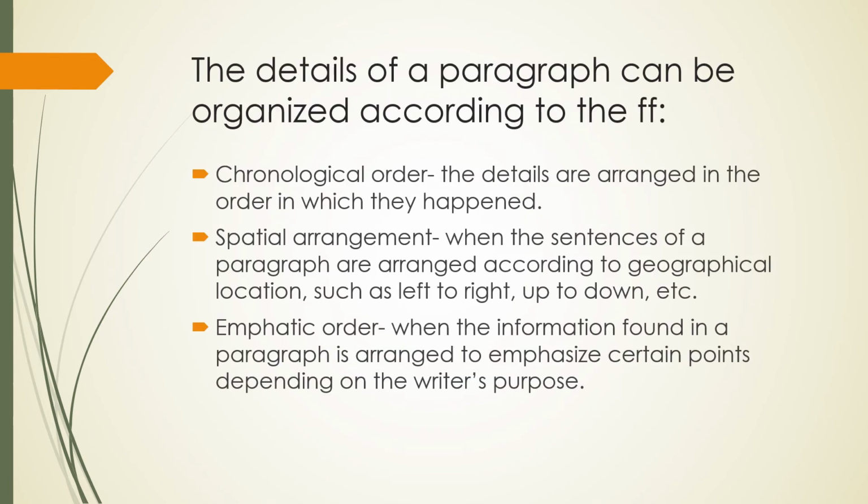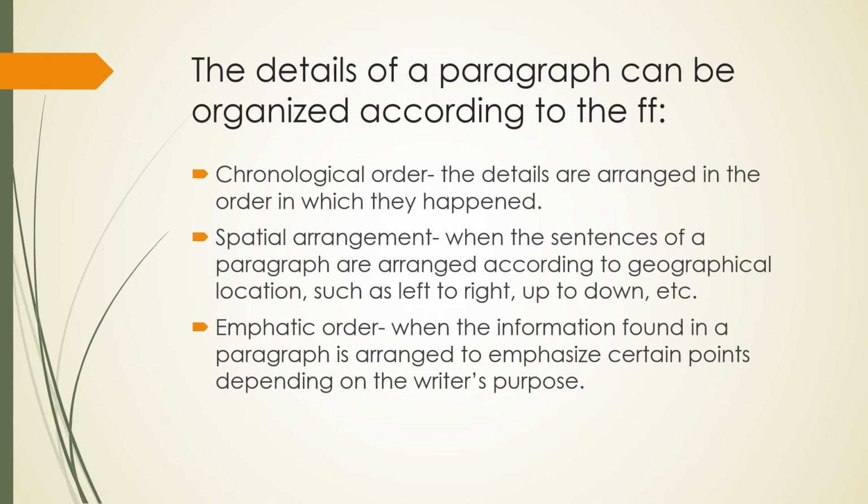The details of a paragraph can be organized according to the following: chronological order, spatial arrangement, and emphatic order. When a paragraph's arrangement is in chronological order, the details are arranged in the order in which they happened.